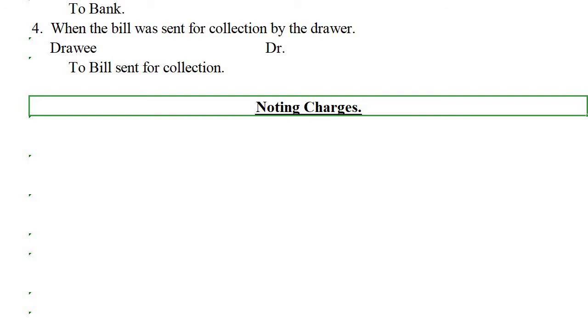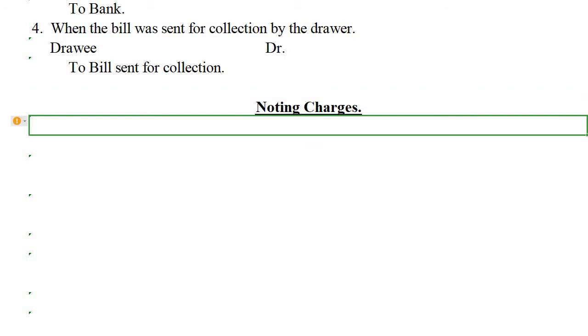In order to do that, the notary public will charge an amount of remuneration. That remuneration is called noting charges. That means for noting the bill which is dishonored, the notary public charges his service charge. That service charge is called noting charges.